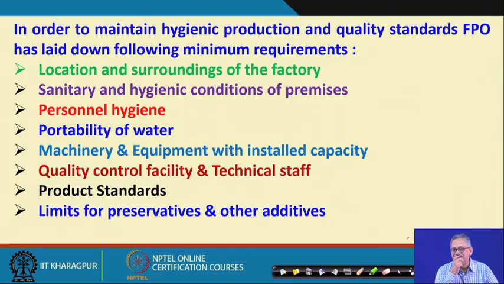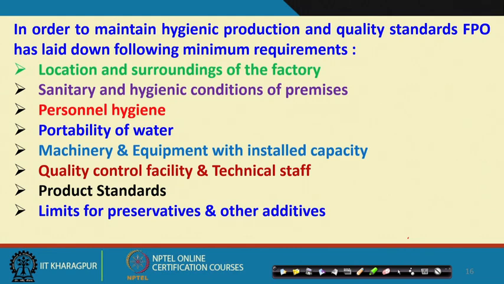Now, imagine you have a food product manufacturing unit in some locality where the surrounding is so obnoxious, so unhygienic, that a lot of odd materials which are otherwise very bad are all around.